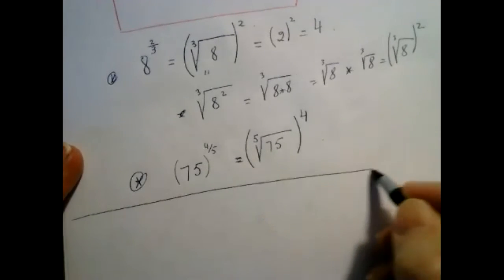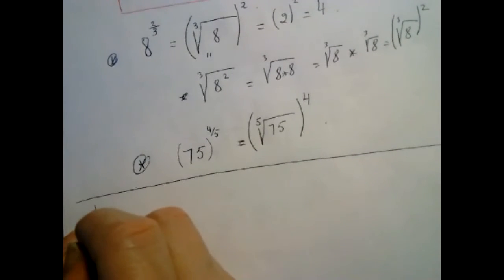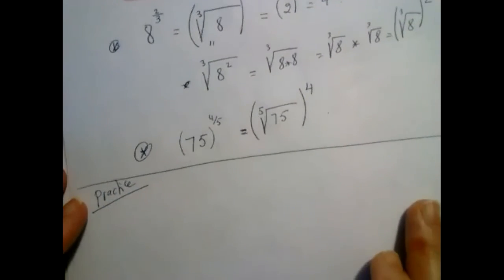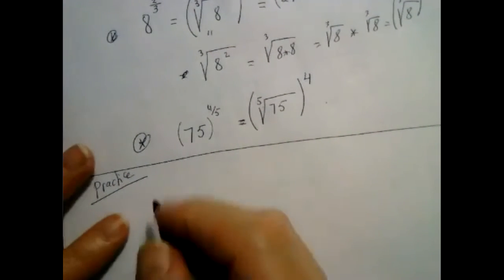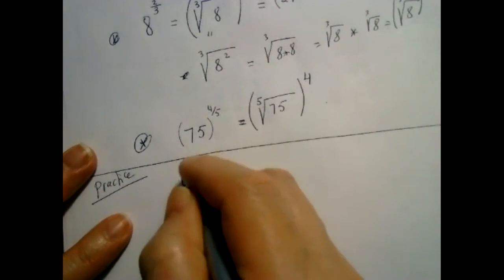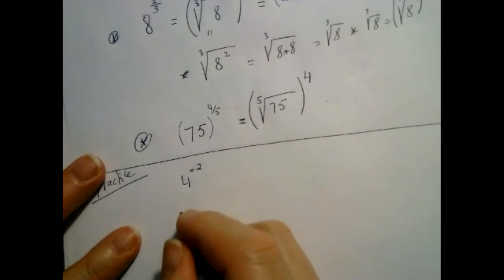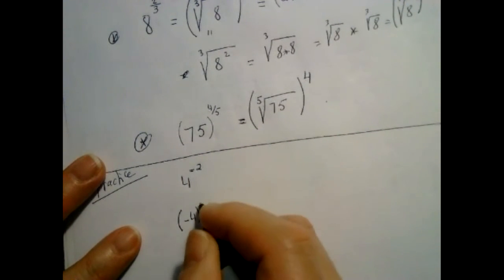Now I want to give you the following practice problem, and it shouldn't take more than 3 minutes, just as contrast and compare. I want you to do 4 to the minus 2, minus 4 squared.